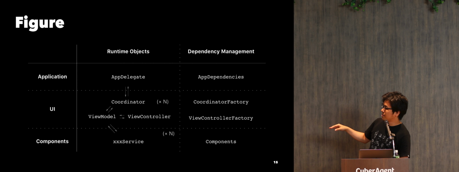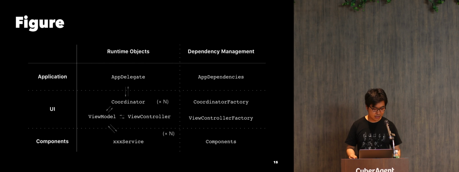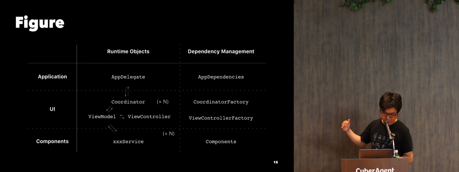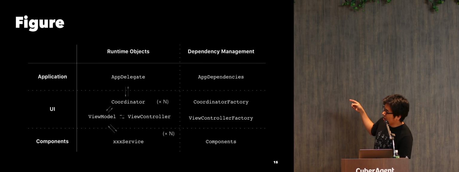And other model layer services belong to components. Besides that, each layer has an object just for managing dependencies. It is the right column. So the application layer has app dependencies, the UI layer has the coordinator factory and view controller factory to do dependency injection, and the components layer has components to do dependency injection.